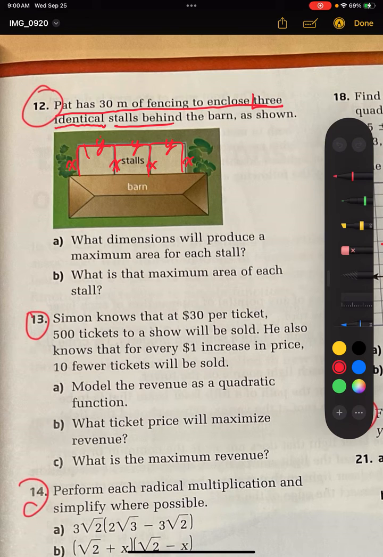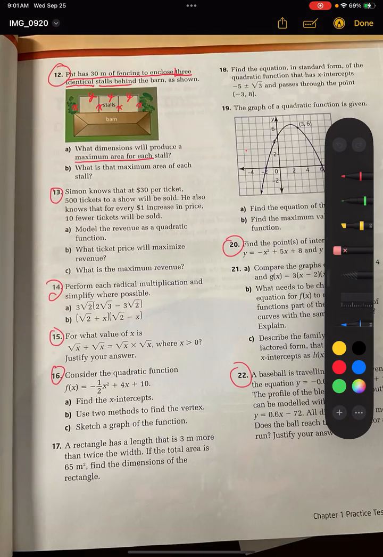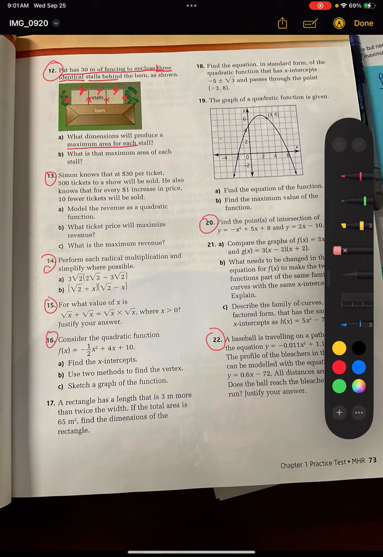So, can I write a relationship between x and y? And what dimensions will produce the maximum area for each stall? Actually, let's work below and recreate the question just down here. What's going to be fenced is the following.